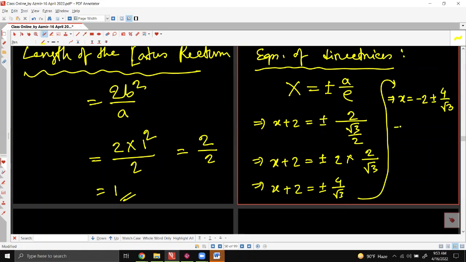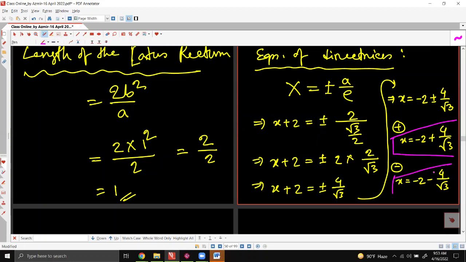That means if we work with plus, we will get x equals minus 2 plus 4 divided by root 3. You will get the numerical value. If we work with minus, x equals minus 2 minus 4 over root 3. So this is first directrix and this is the second directrix.